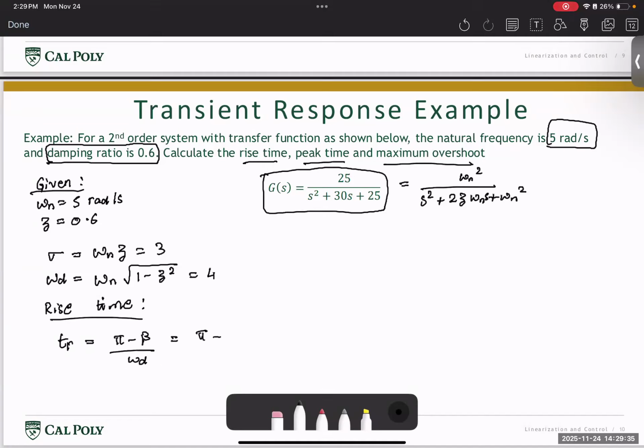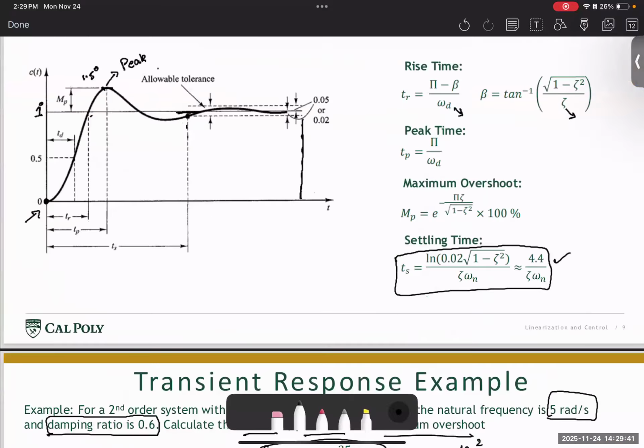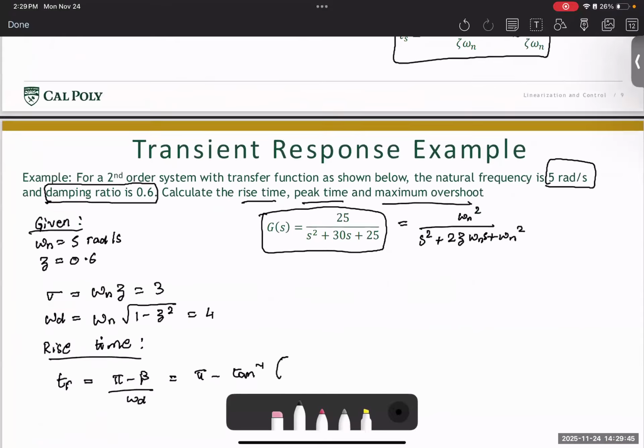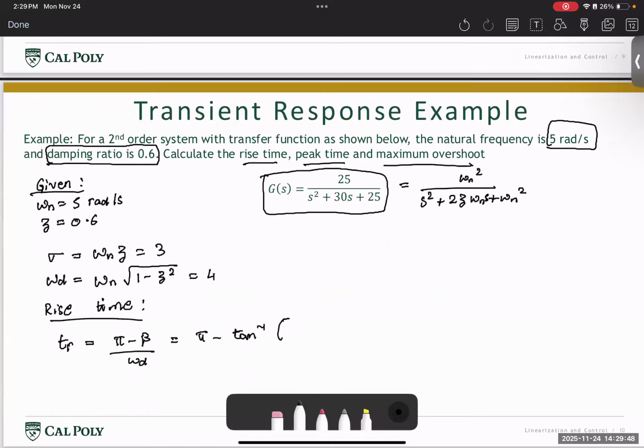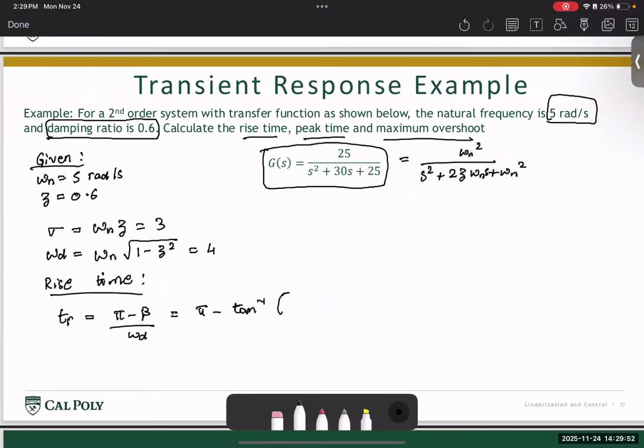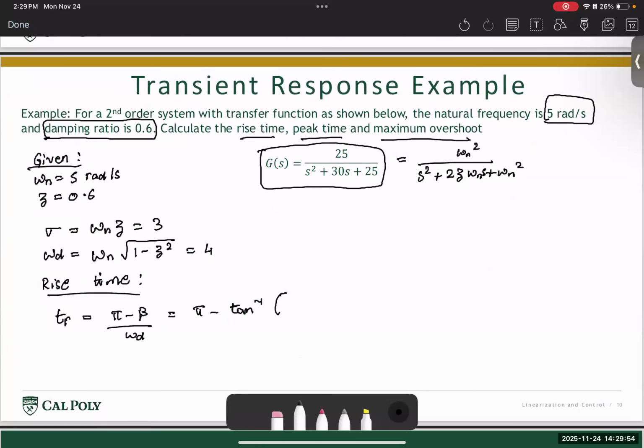This is pi minus tan inverse of square root of 1 minus zeta squared divided by zeta, whole divided by omega d.